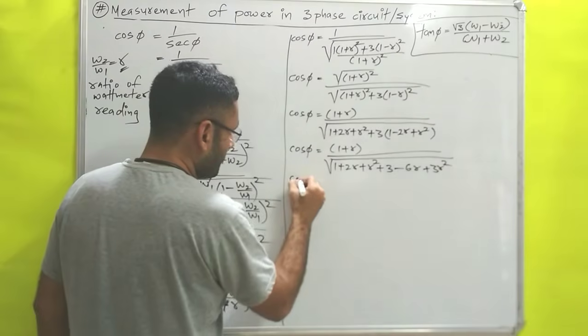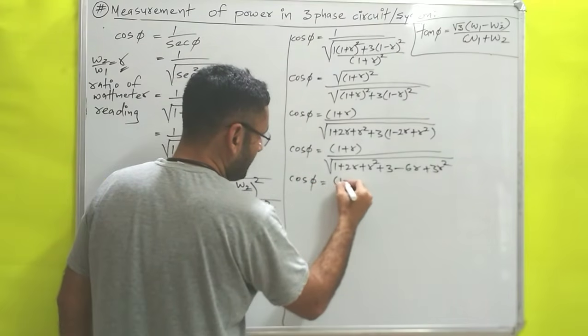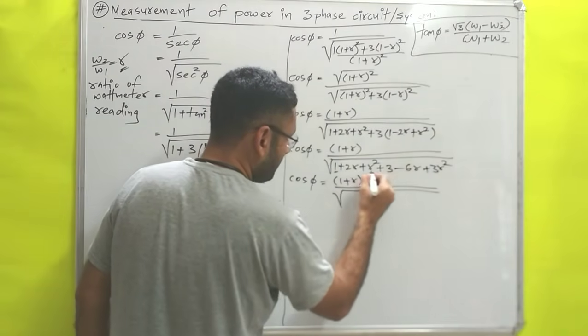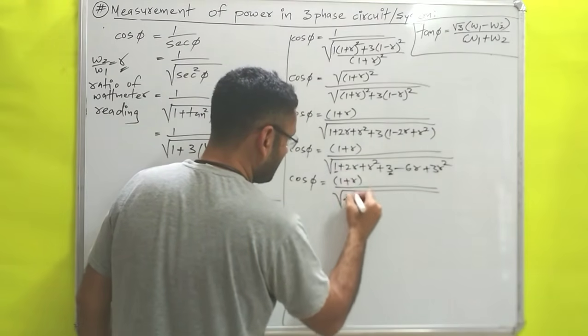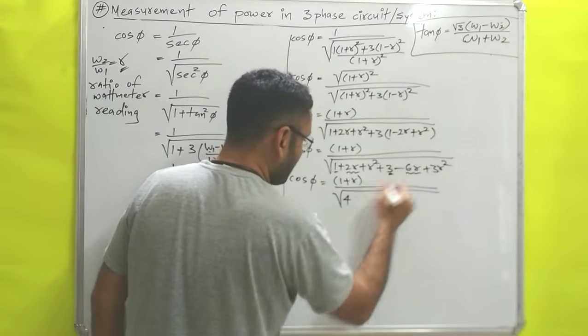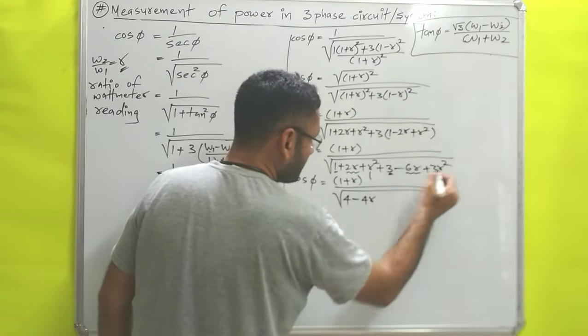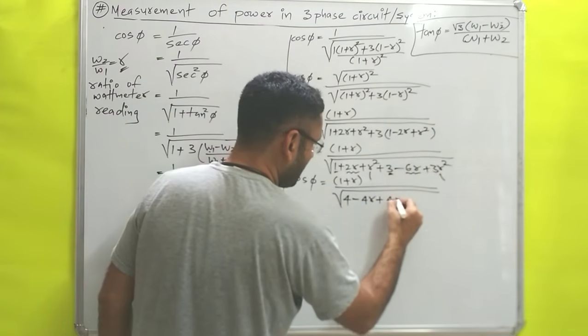So cos phi equals 1 plus r divided by the square root of 1 plus 3, so 4; then 2r minus 6r, so minus 4r; then r square plus 3r square, so plus 4r square.